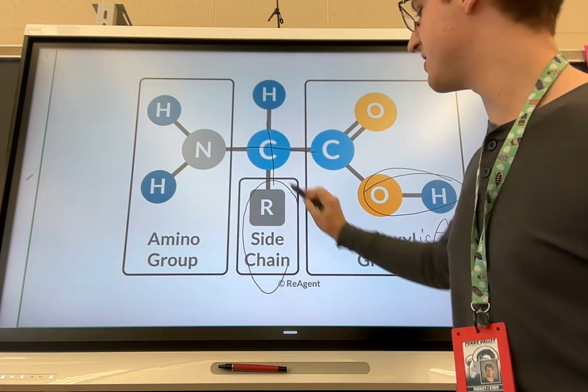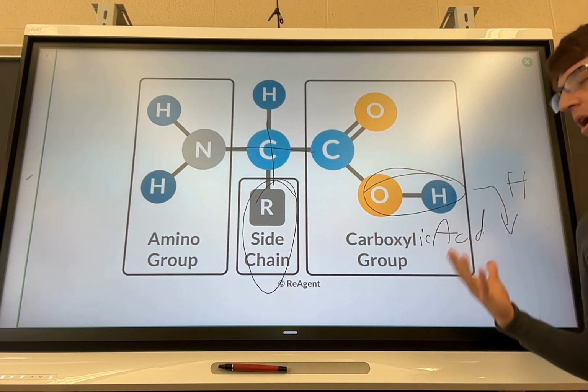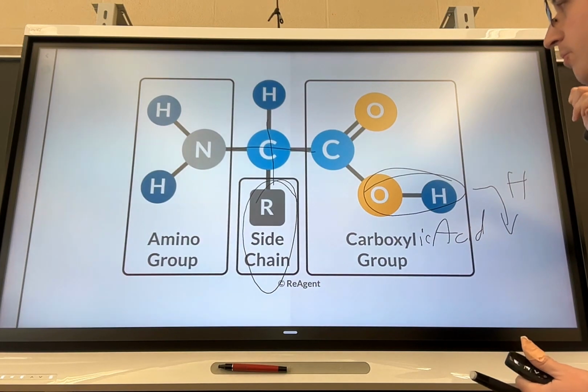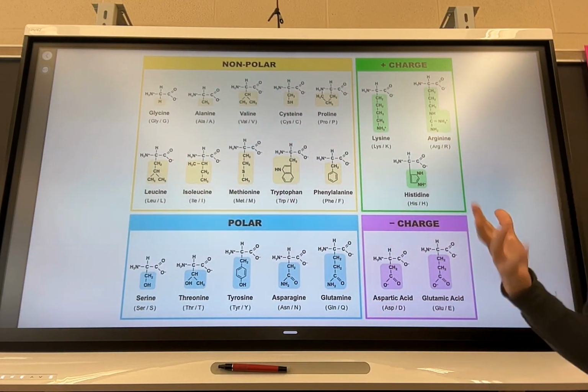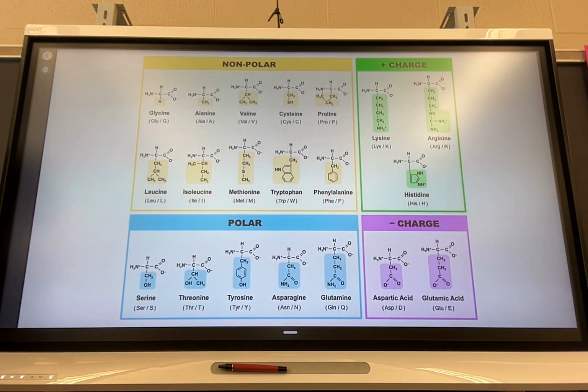You also have this side chain. Now you can see the letter R there. There is no element that actually has the letter just R. So instead, this is a placeholder, kind of like a variable. And what this means is that for each R group, we have a different structure. Now, I will not require you to at least memorize what these R groups look like, but you should understand that each one has different structure to it.